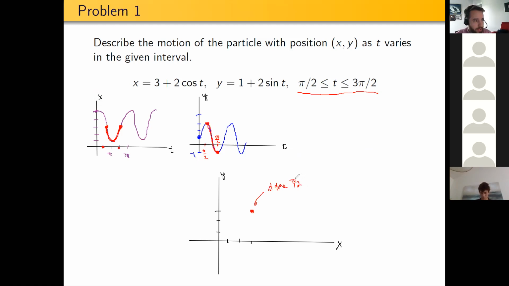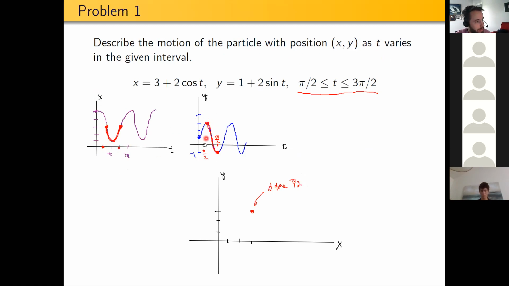Another point we could plot, just because it's easy on the picture, is the point pi, right? So at time pi, what is our x-coordinate and what is our y-coordinate? The x-coordinate at time pi is going to be down here. That's at its lowest point, at a height of 1.